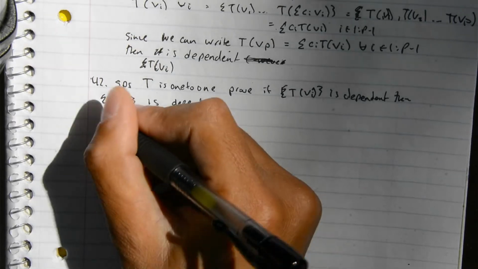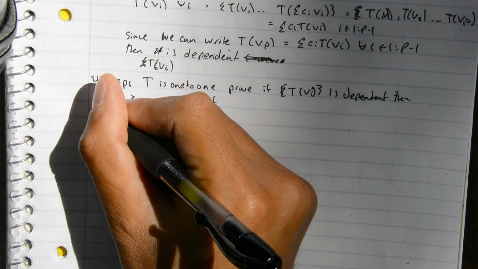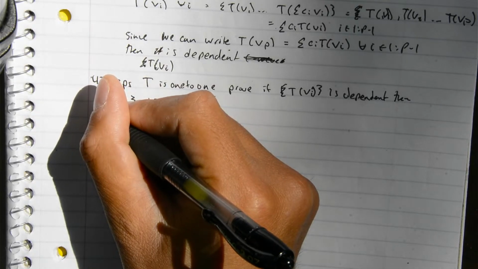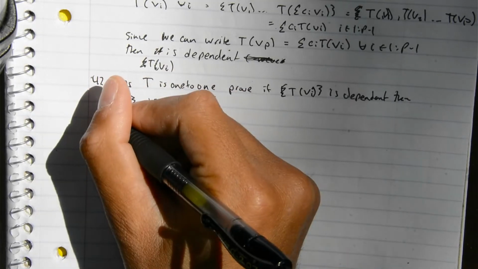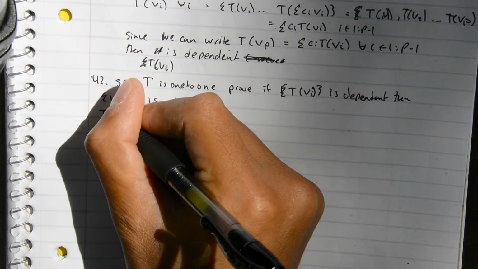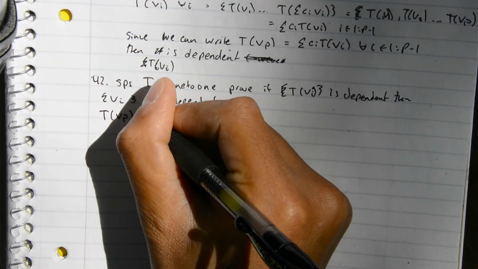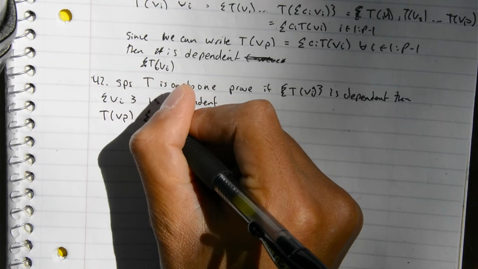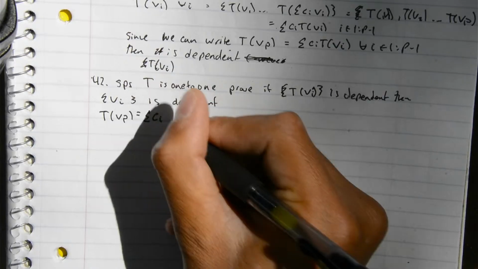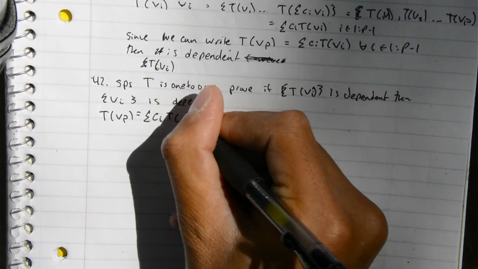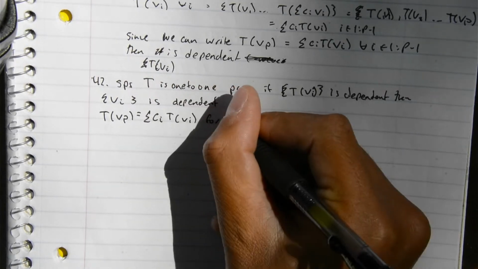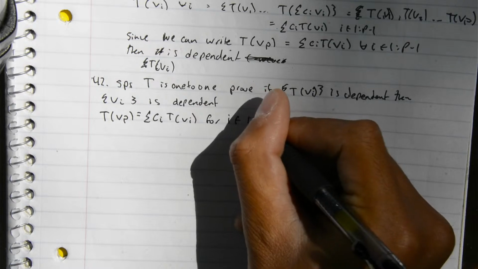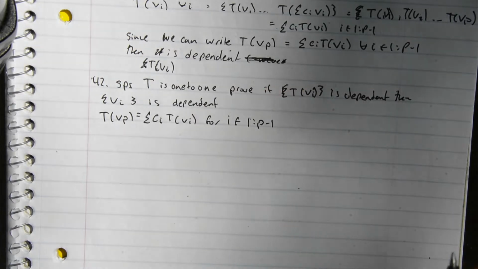Okay, so that means that we can write T of Vp equal to the sum of Ci T Vi for i in 1 to p minus 1.